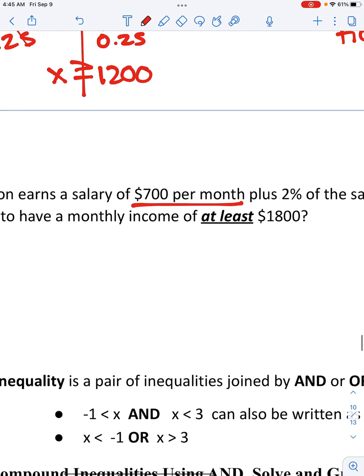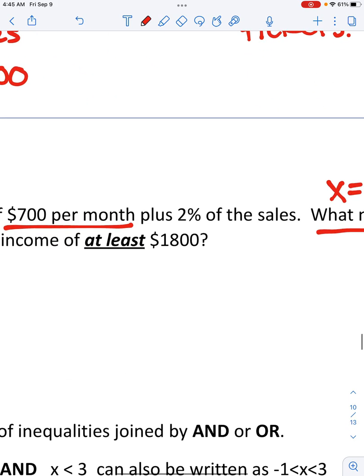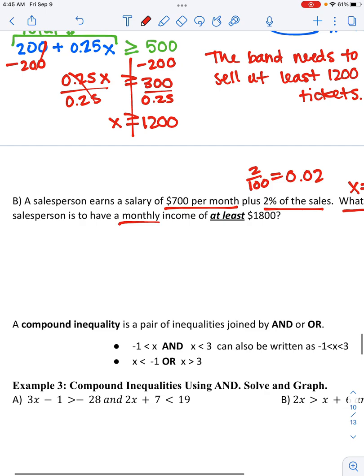And then, because this whole problem is looking at just 1 month, the 2% of the sales is dependent on X. Just like the previous one, we take 2 out of 100 to get the decimal 0.02, and we'll multiply that by the number of sales.